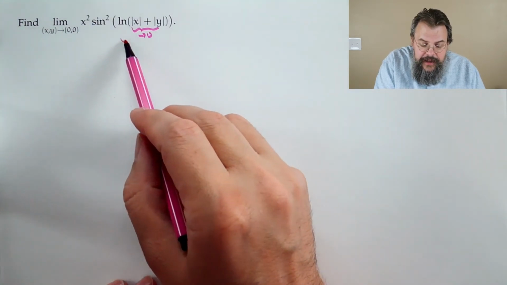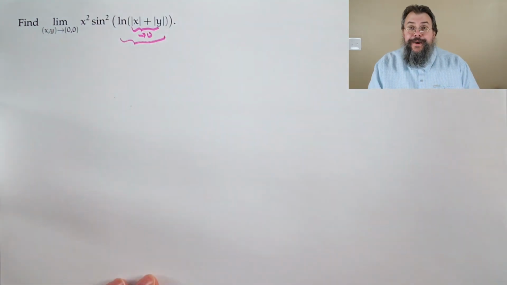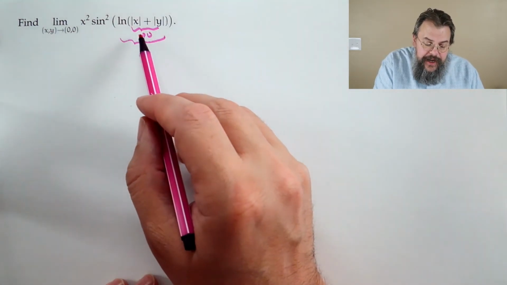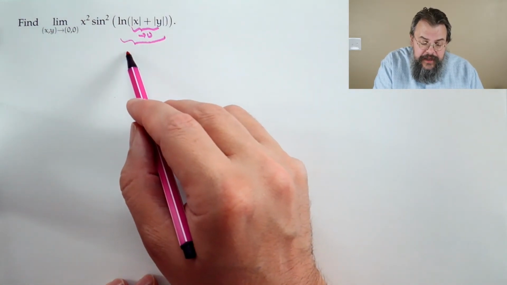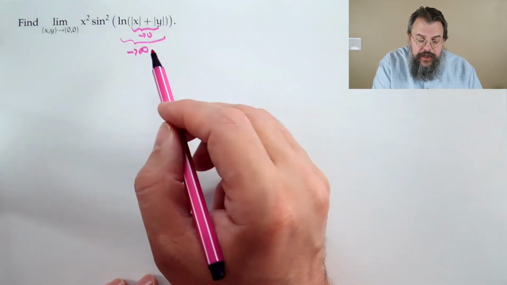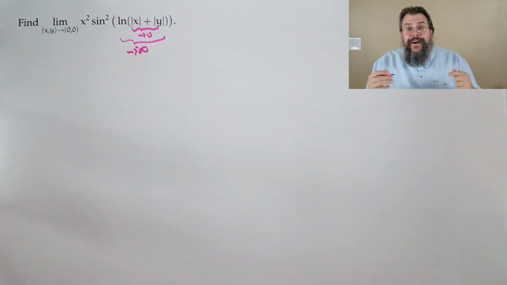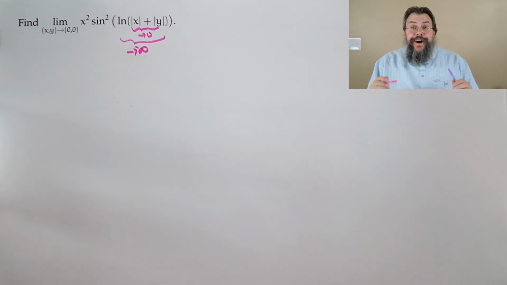That's inside of a log. Well, what is that telling us? If the inside of a log is going to 0, then that expression is going to technically negative infinity. Log of 0, that's an asymptote. It's off to negative infinity.